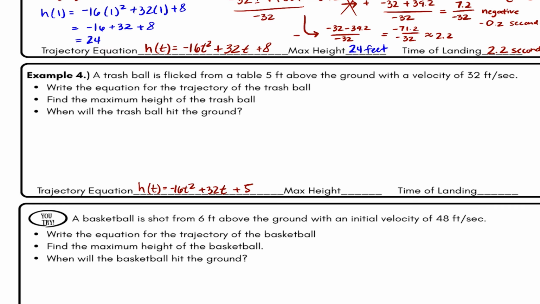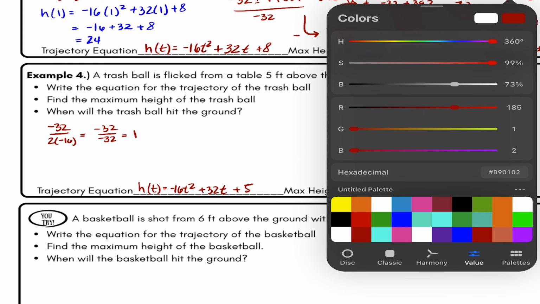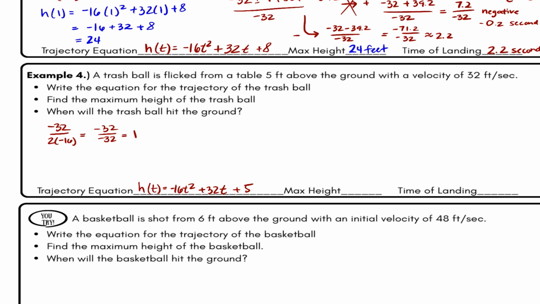So let's move on. We're going to find our maximum height. So that's our vertex, which is going to be negative b over 2a, and then plug it in. So it's going to be negative 32 over 2 times negative 16. So that's negative 32 over negative 32, which is positive 1. Again, that is not our max height. That is the time it takes to reach the max height. So we're going to substitute that value in.